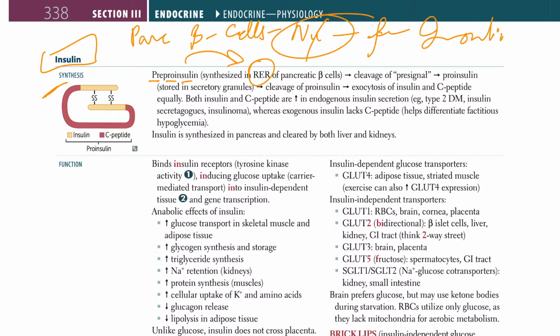And from the nucleus, that insulin mRNA will go down to the RER. When it goes to the RER, it is in the form of pro-insulin in the RER.